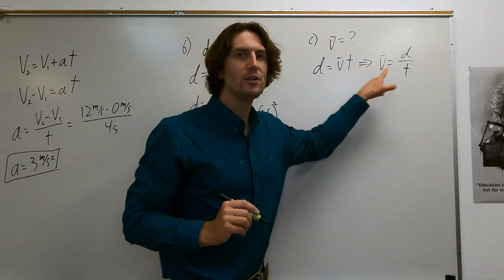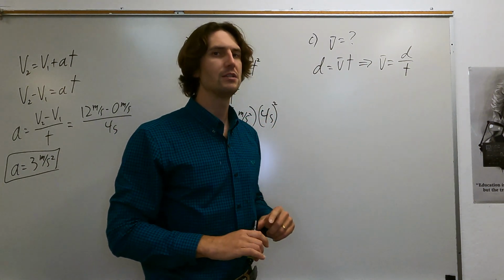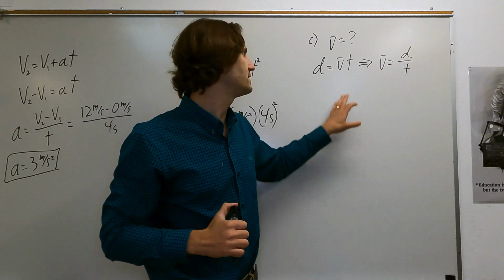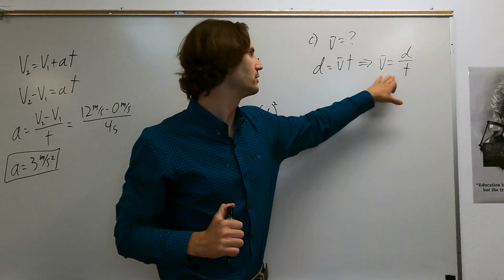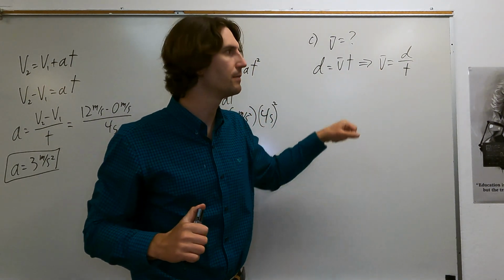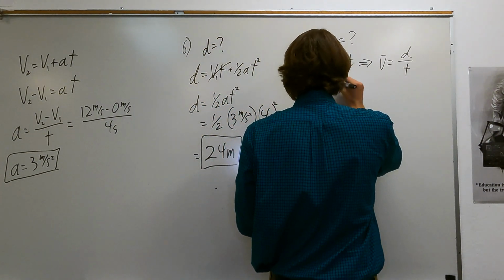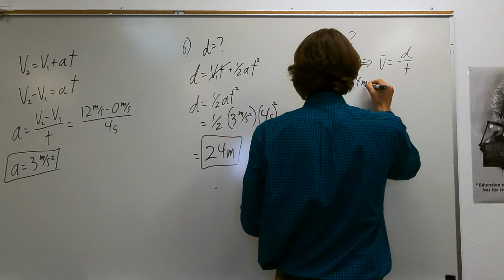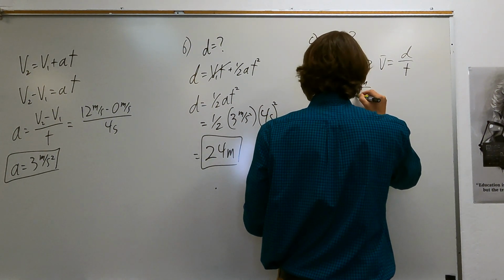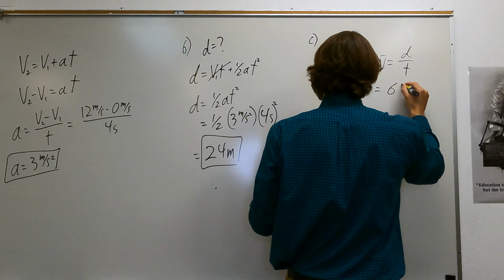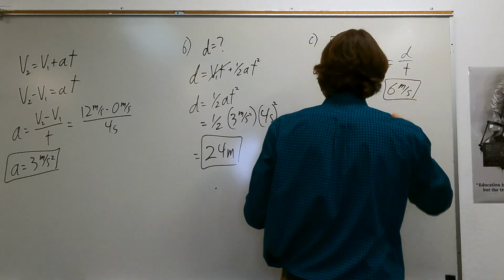Equation number 2 is just a manipulation of a velocity equation that you have seen before, but this saves you from having to do this backwards like you had to do in the first test. So I can plug in my numbers, get an average velocity. So V bar is equal to 24 meters divided by 4 seconds, which equals 6 meters per second.